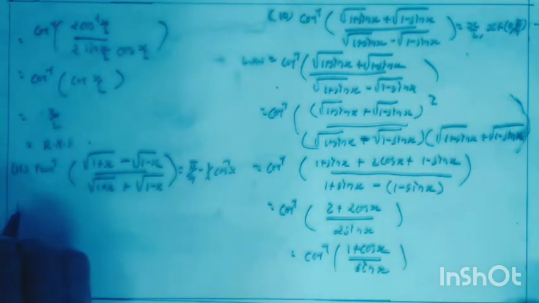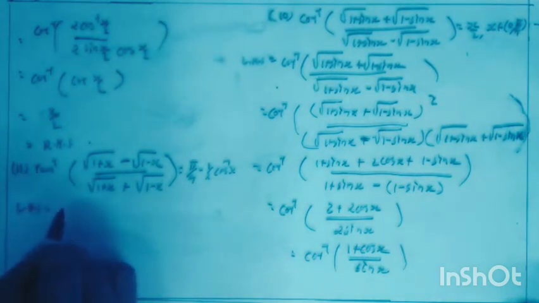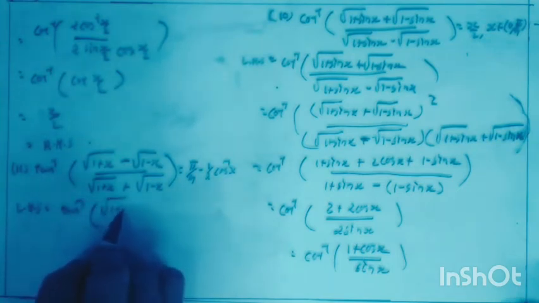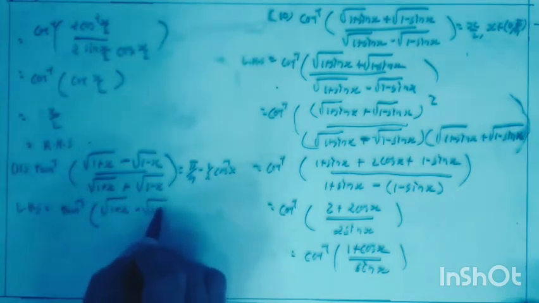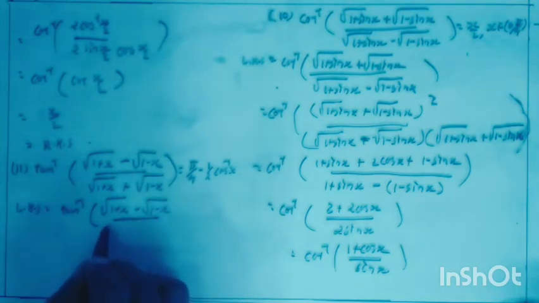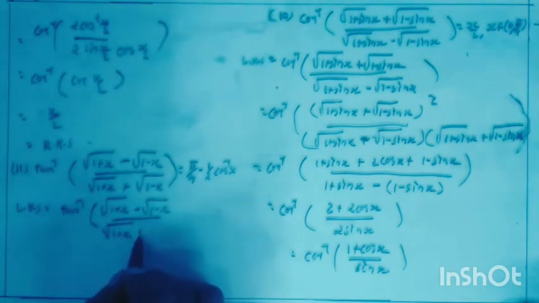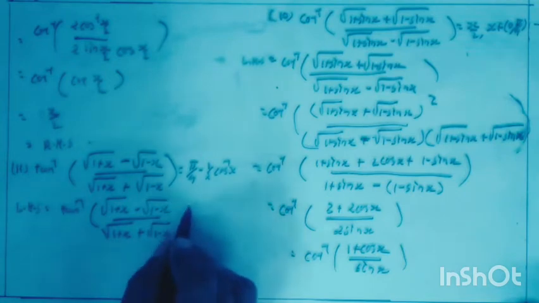Here taking the left hand side, tan inverse of root of 1 plus x minus root of 1 minus x upon root of 1 plus x plus root of 1 minus x.